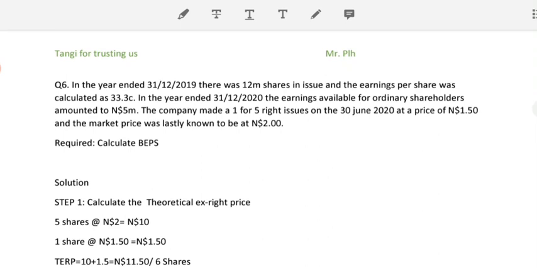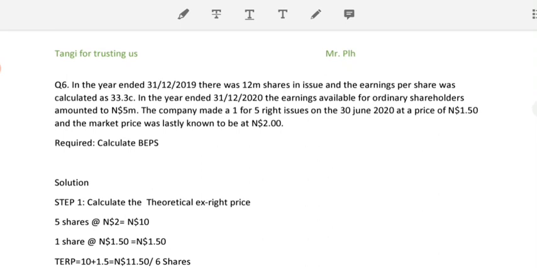And in the year ended 31st of December 2020, the earnings available for ordinary shareholders amounted to 5 million, and the company made a 1-for-5 right issue, which means you are getting 1 share for 5 shares, on the 30th of June 2020 at a price of 1.5, and the market price was lastly known to be $2.